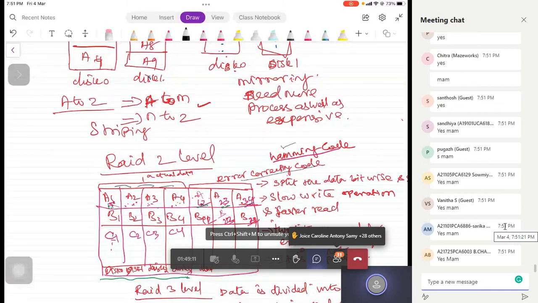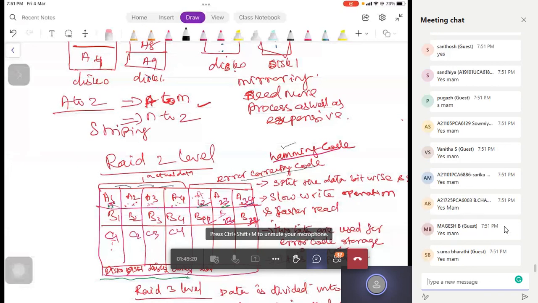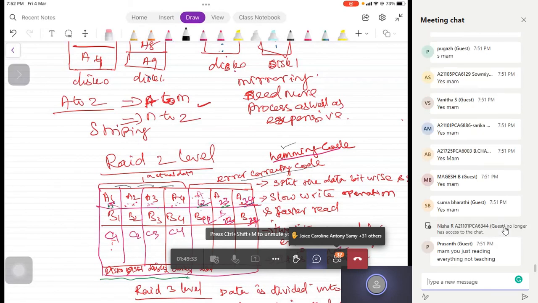In RAID level 2, the information is stored bitwise, so it is striped across subsequent disks. If any error occurs, then for rectifying it, Hamming code, an error checking code, is used. So 1 to 2 for the first two disks, 2 to 3 for another disk, and 3 to 4 for another disk.